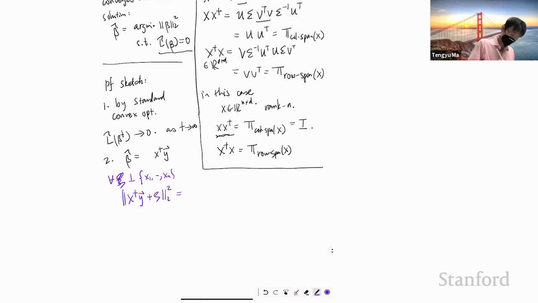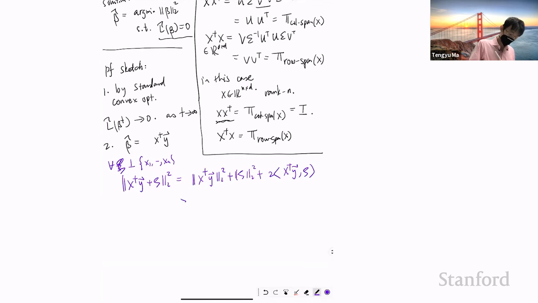This is equal to the squared 2 norm of X pseudo inverse y vec plus the squared 2 norm of zeta plus 2 times the inner product of X pseudo inverse y vec and zeta. And this is larger than or equal to the squared 2 norm of X pseudo inverse y vec plus 0, because the norm is non-negative. And this cross quantity is just equal to 0.